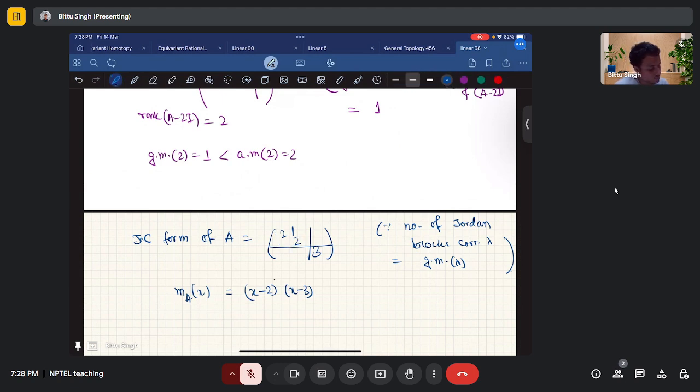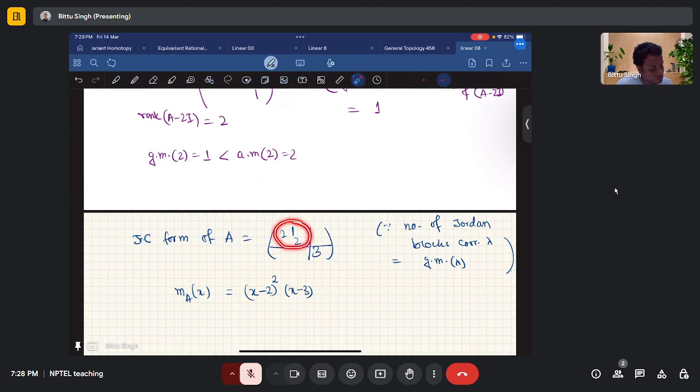So there will be x minus 2 whole squared, because the degree of the factor x minus 2 determines the size of the largest Jordan block.